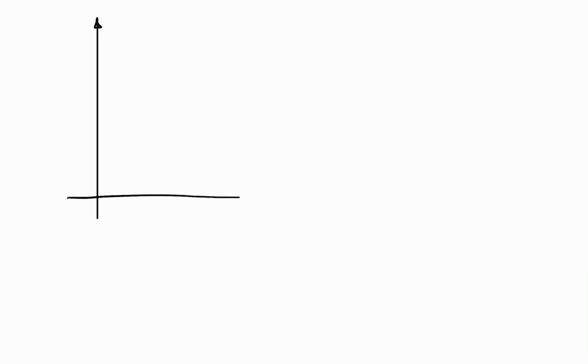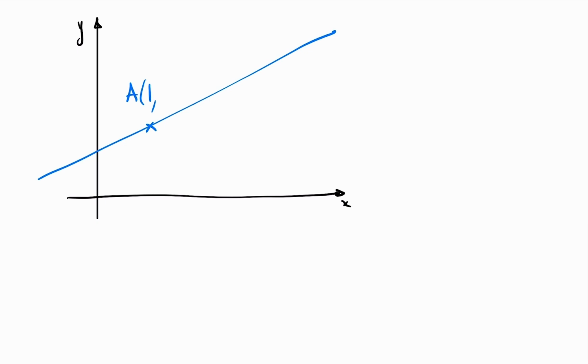We have the y-axis, the x-axis, and then we have a line, and say this point here A is 1 and then 1, right? I'm just going to do that in 2D, and then it's pretty much exactly the same in 3D. So this is point A, and here we are saying that this vector here, well, it is say 2i plus j.